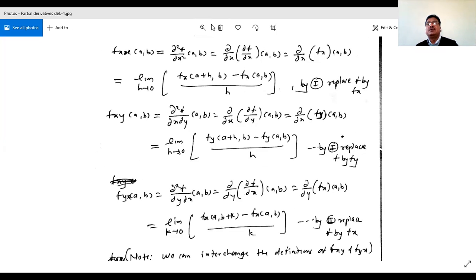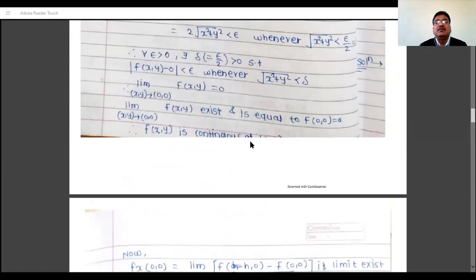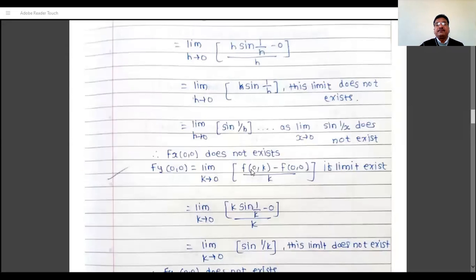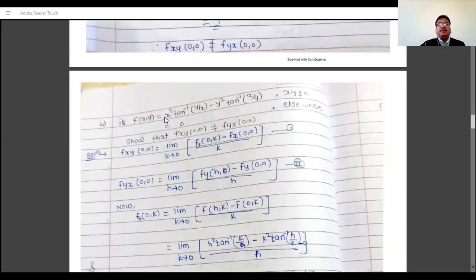Okay. So the next problem is this. Find fxy(0,0) and fyx(0,0).